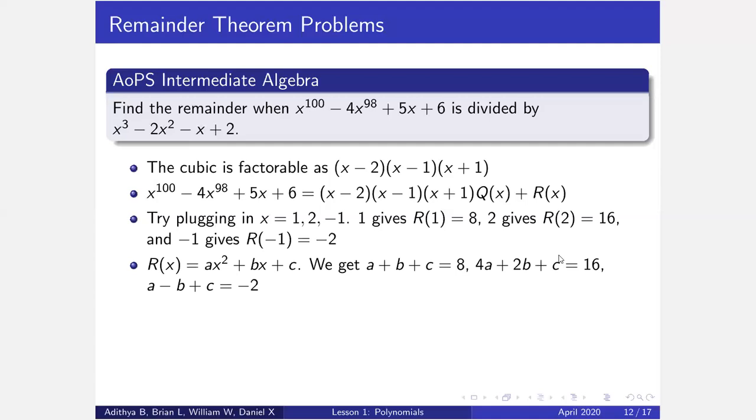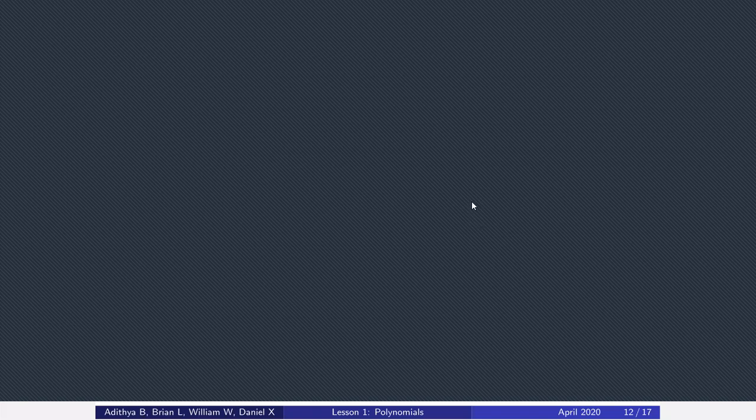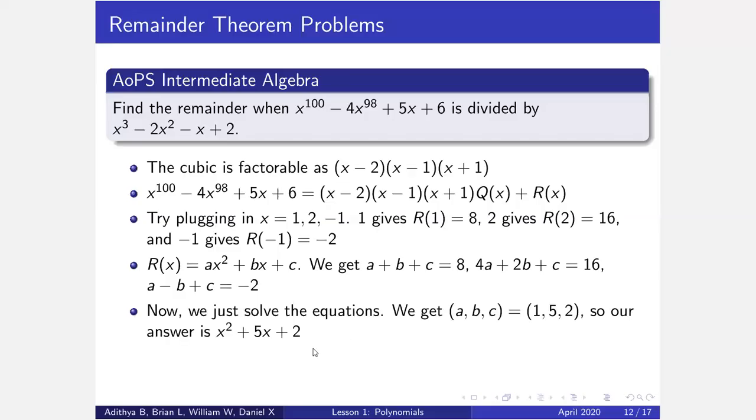Once we have those values, we know r of x is x squared plus 5x plus 2. So that's our remainder here. So anyone have questions?